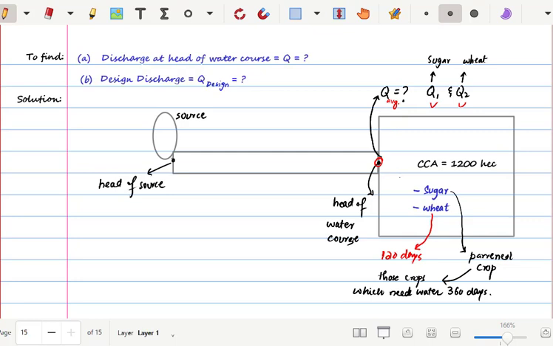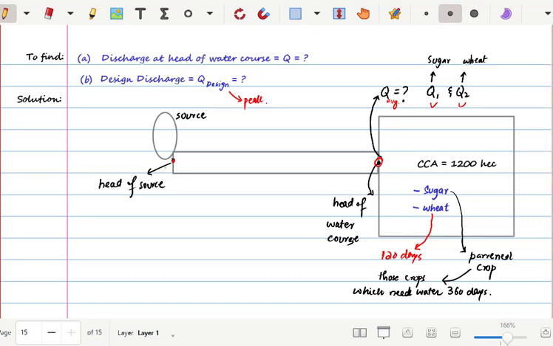We cannot design our canal on the basis of this value of discharge, because of the reason that we have discussed in our previous video too. We need to design our canal on the basis of the peak value, right? Q design means peak discharge value.